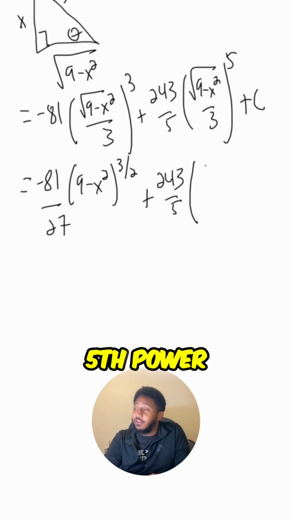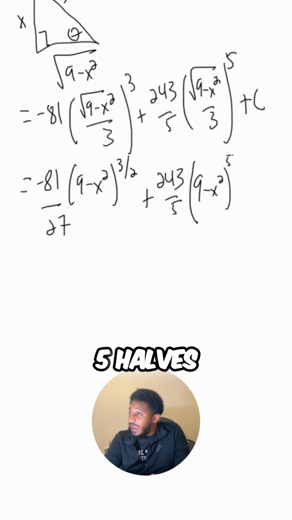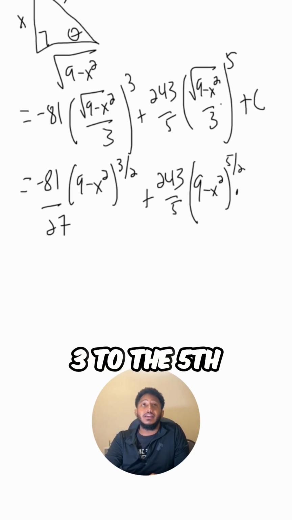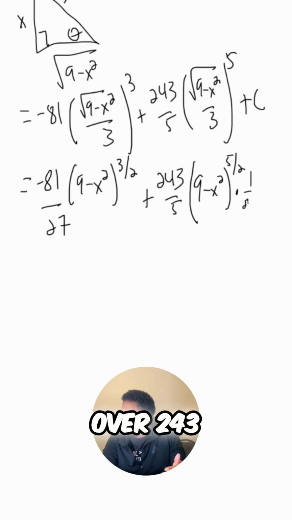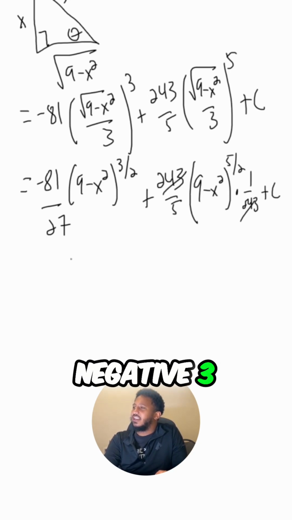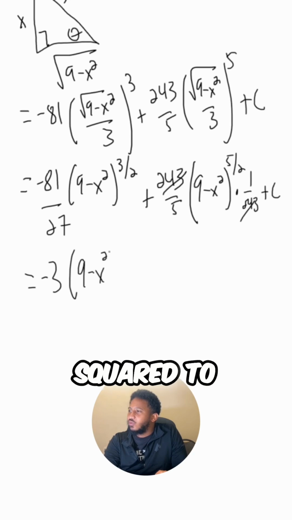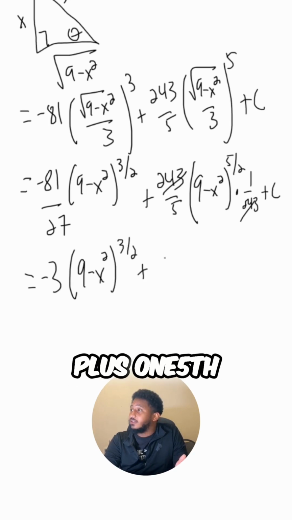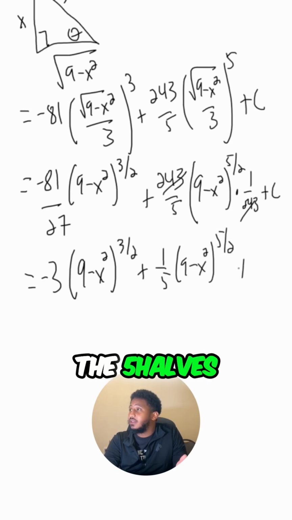The top raised to the fifth power is 9 minus x squared to the 5 halves, and 3 to the fifth is 81 times 3, which is 243, so over 243, plus c. Now these 243s cancel, and here this simplifies to just negative 3. So negative 3 times 9 minus x squared to the 3 halves, plus 1/5 of 9 minus x squared to the 5 halves, plus c.